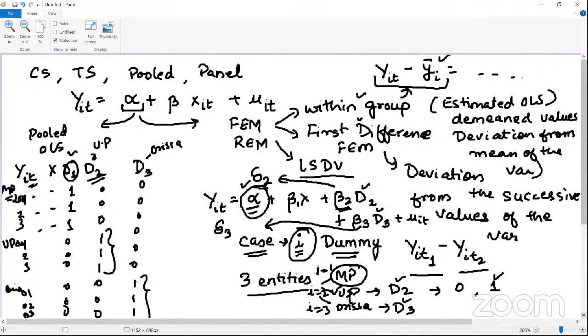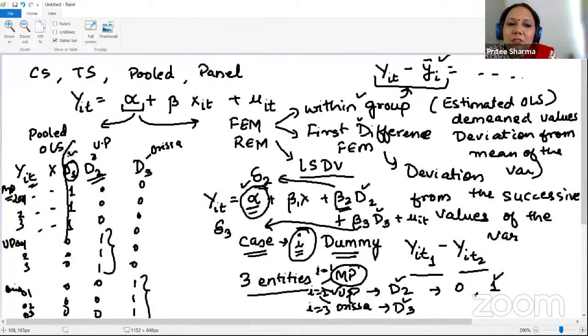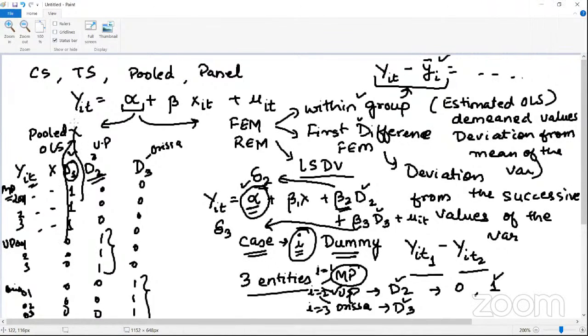Ma'am, when we are not taking a dummy for Madhya Pradesh, why have we written D1 there? I am saying that just for simplification only, we will not include this column. Can you explain once more why you are not considering Madhya Pradesh?